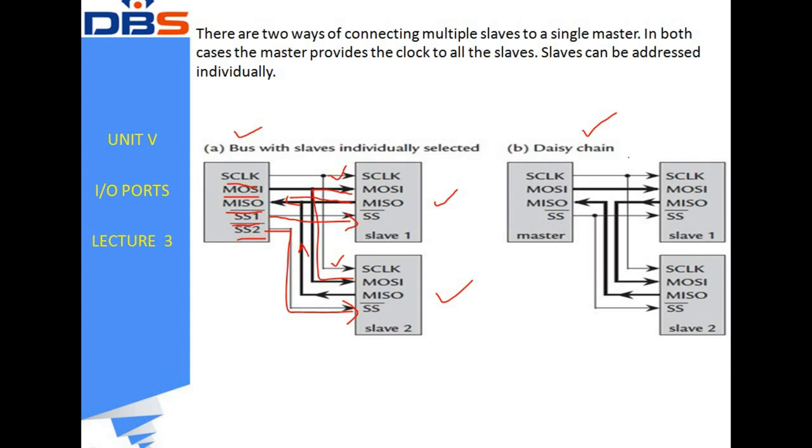Okay, coming to the daisy chain method, see here, the serial clock is common to both slave 1 and slave 2.